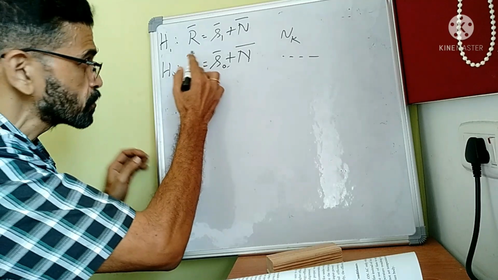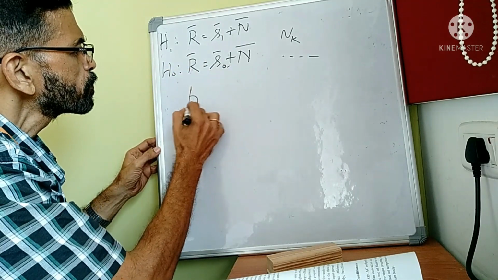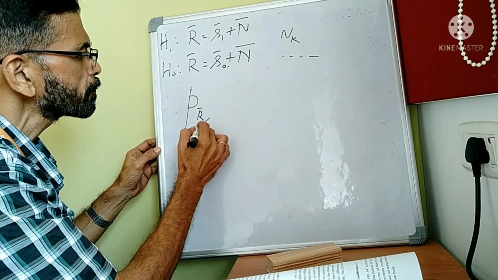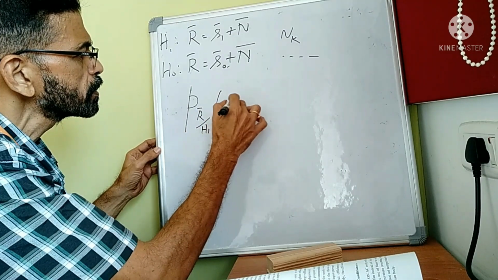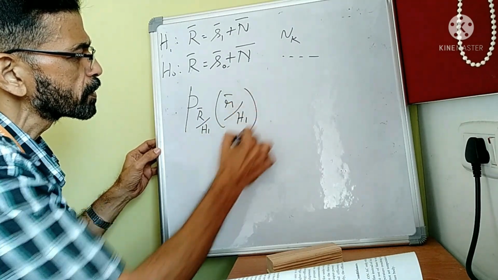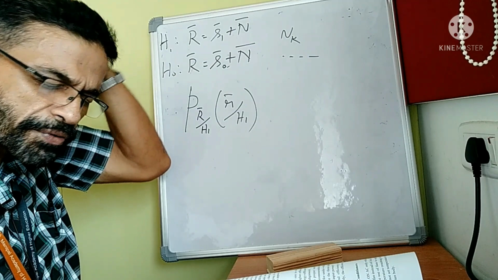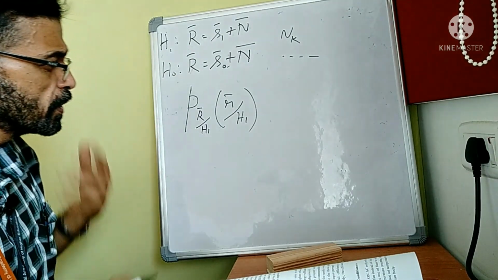That means it is possible to get the conditional density function of the received random vector when H1 is the true hypothesis.